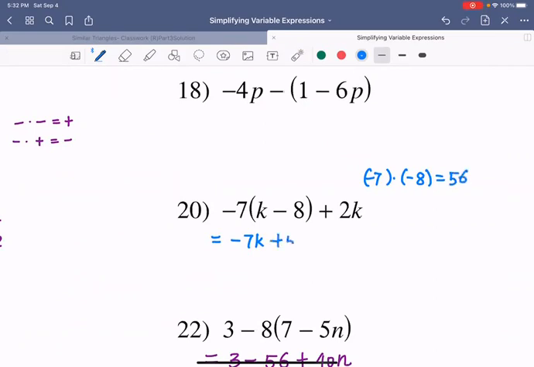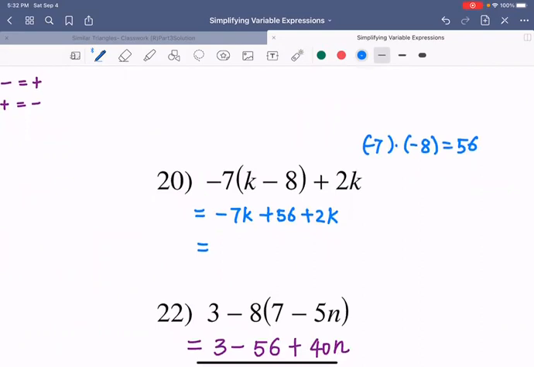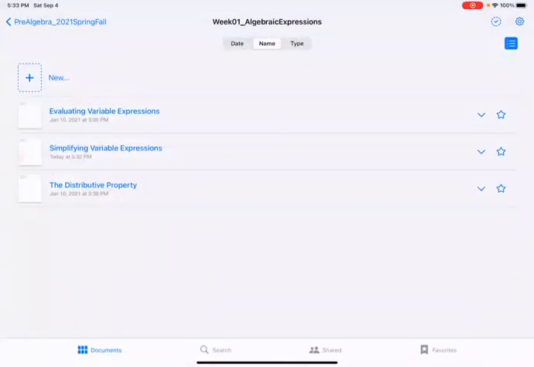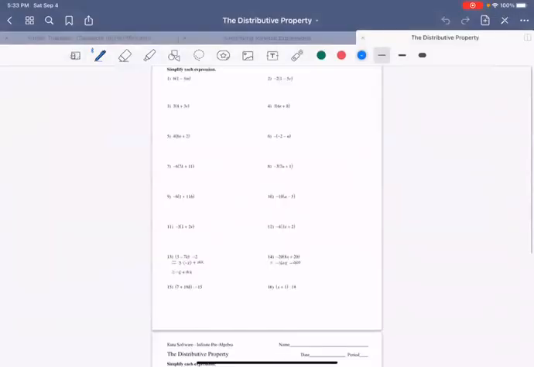Plus 56 and then plus 2k. Let's combine the like terms. So -7k plus 2k is -5k plus 56. Very good. Since you both do very well, we can do these easy questions quickly.